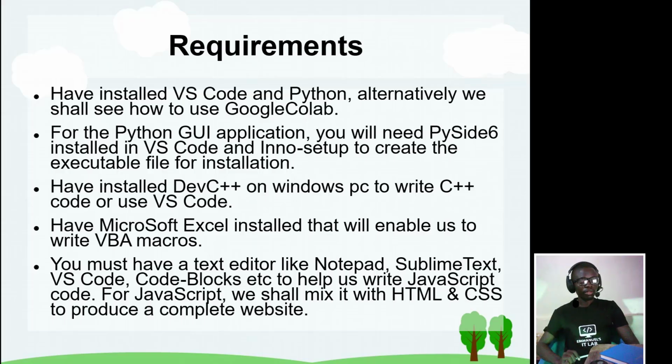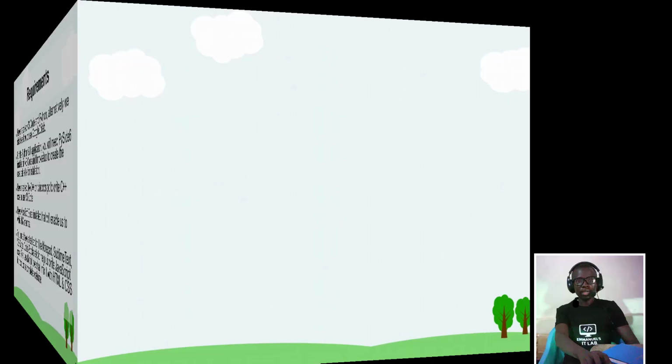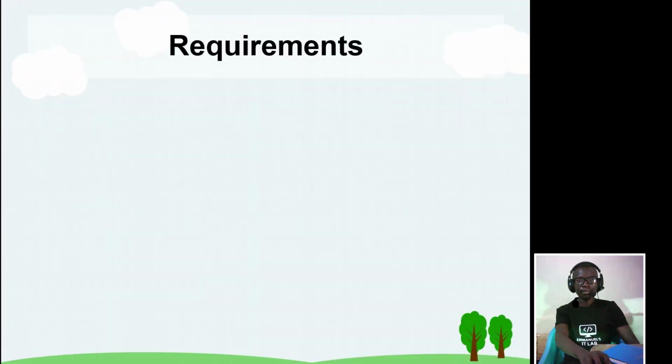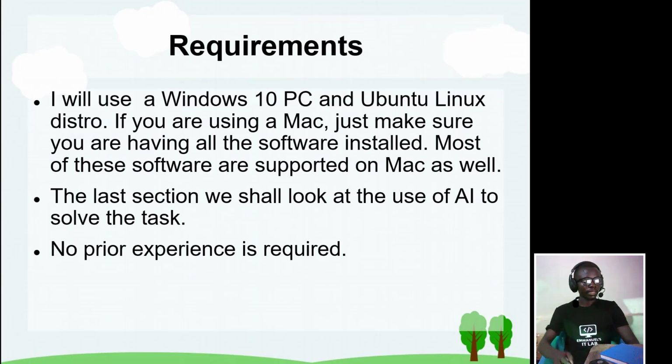You should also have Microsoft Excel installed, at least version 2010 and above, and a text editor. We have a variety: Notepad, Sublime Text, and many others, but I recommend Visual Studio Code because it is a rich text editor. Like I mentioned earlier, with JavaScript we shall involve HTML and CSS for styling.